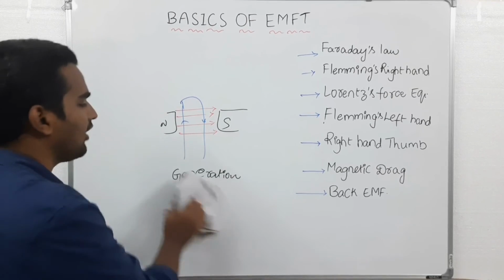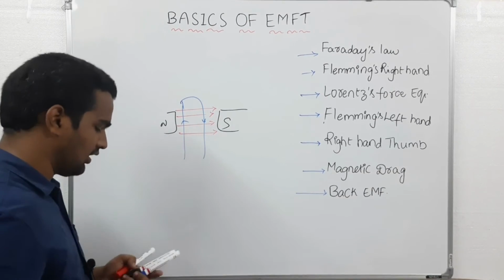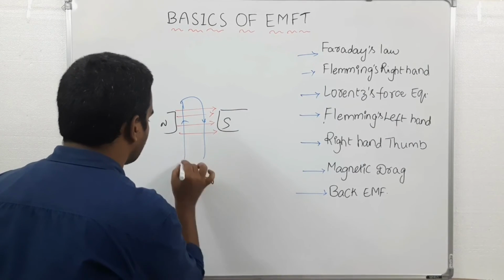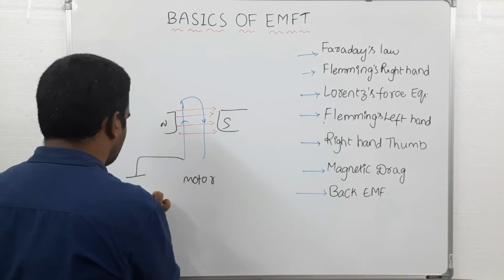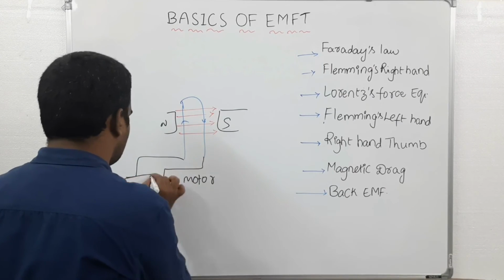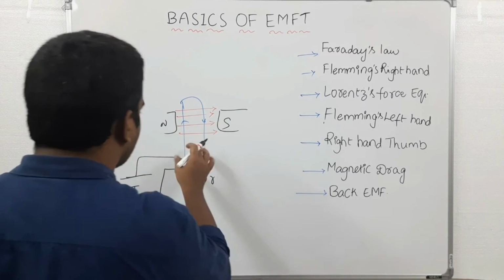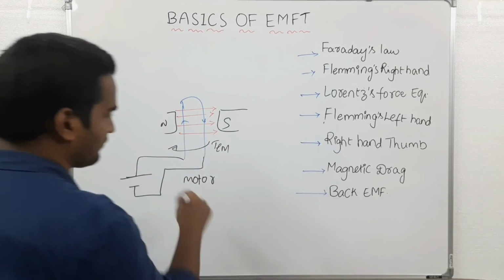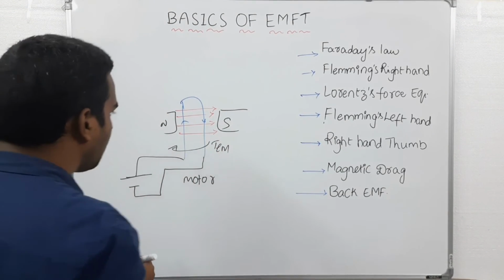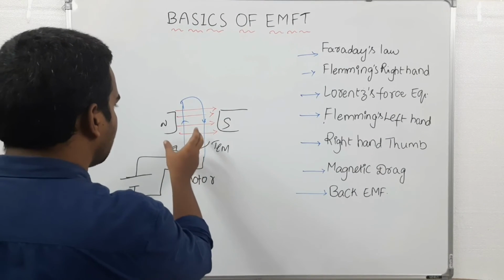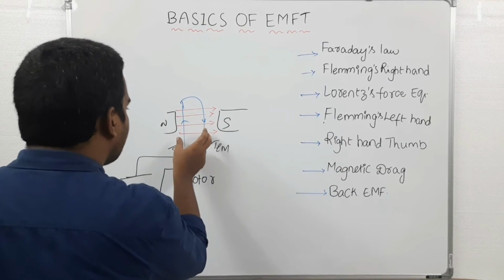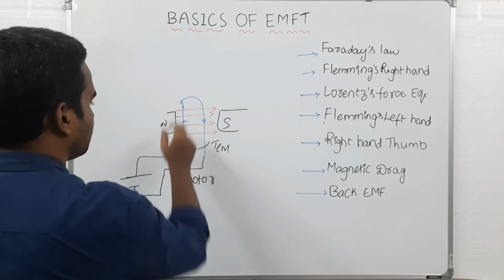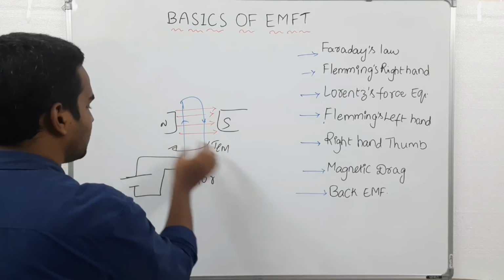Similarly, if it is a motor, these two are current carrying conductors, and these are experiencing a force in this direction. Now let us consider that this current is flowing like this, and force is in this direction.